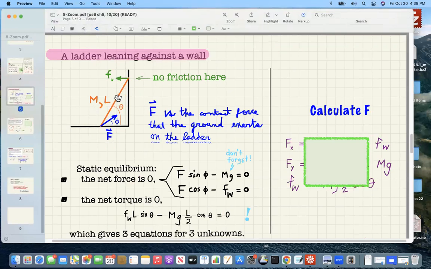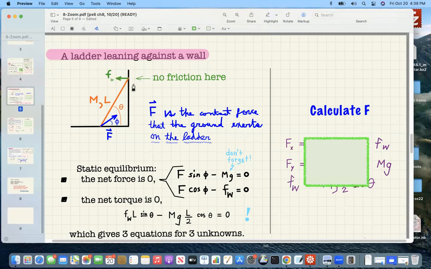What's keeping the ladder up? Gravity is pulling the ladder down. What's keeping it up? Well, there's a force where the bottom of the ladder, the base of the ladder, hits the ground. And so there's an upward force on that point. There's also a frictional force at that point.